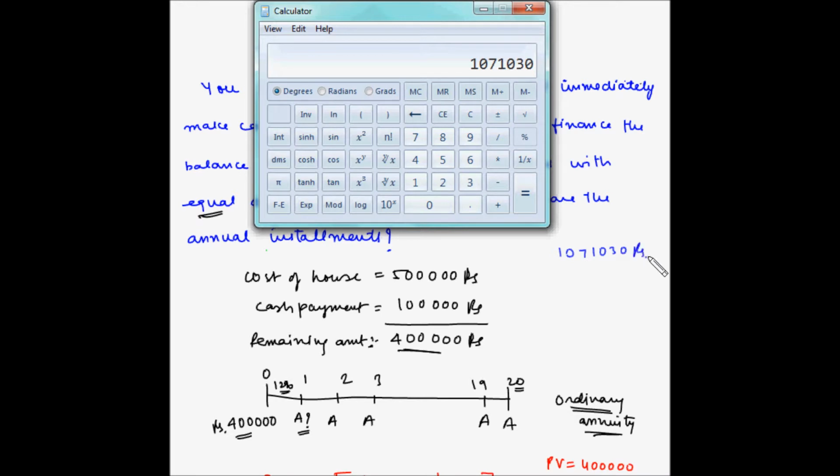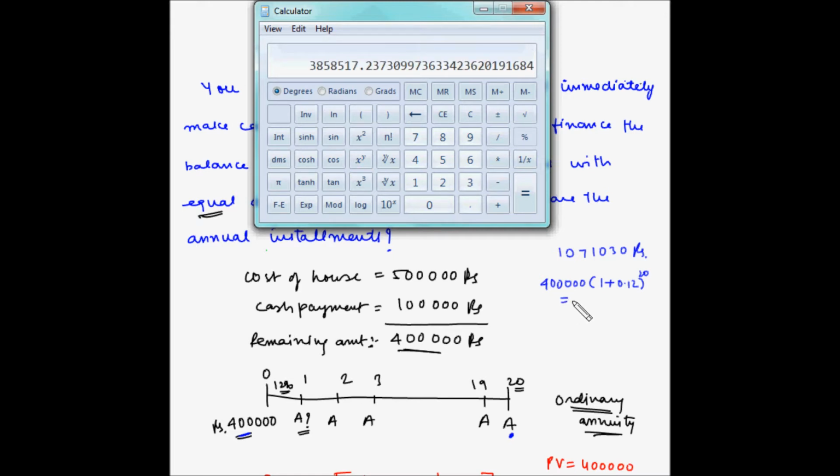which is 10,71,030 rupees. Now out of curiosity, I also want to find out what is the future value of this amount after 20 years at 12% rate of interest. So basically 4 lakh into 1 plus 0.12 to the power 20. So 1.12 x to the power y 20 multiplied by 4 lakh.